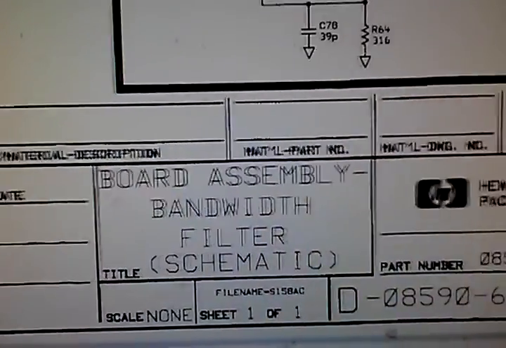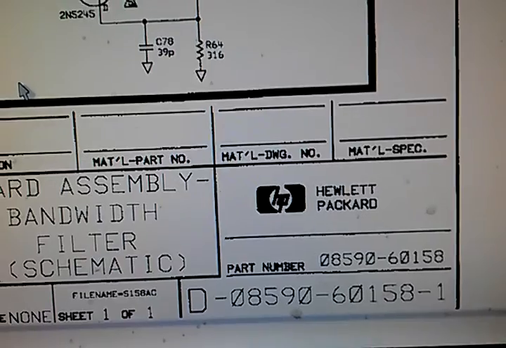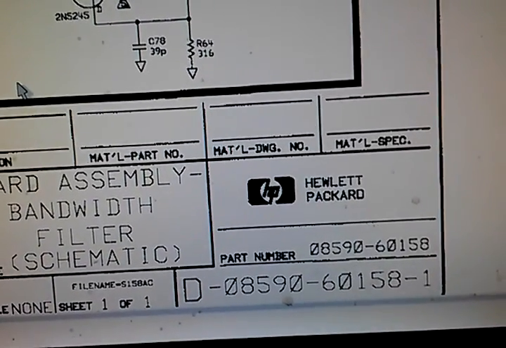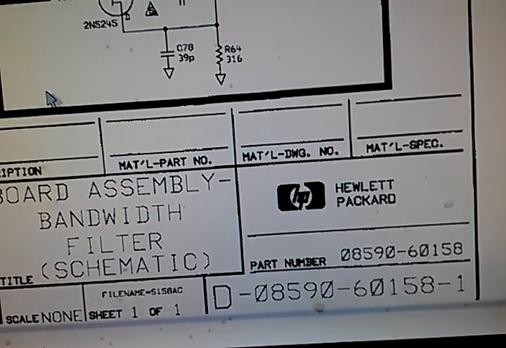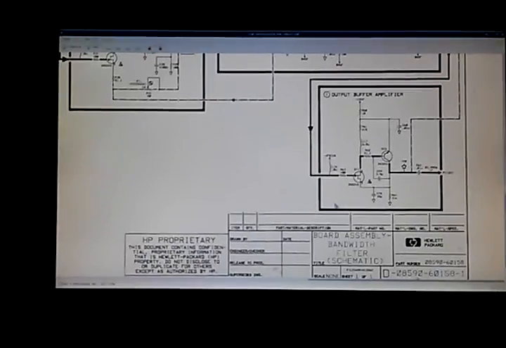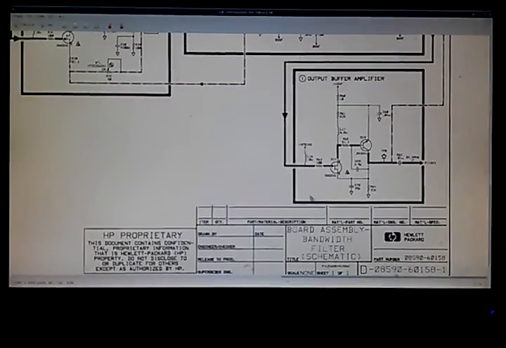This is the version of the board that I'm using. This is the board. 8590-60158, I guess revision 1. Again, I think it's operating properly as far as the analog interface is concerned. You would see some kind of change across the board, I think, if it wasn't.